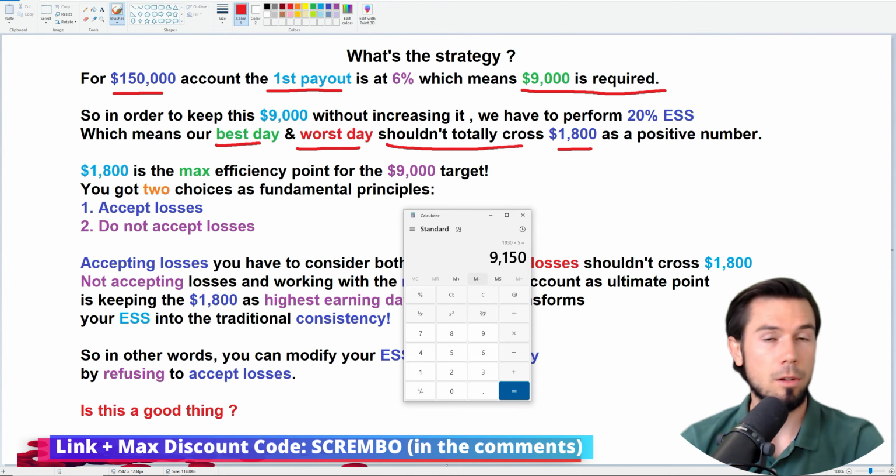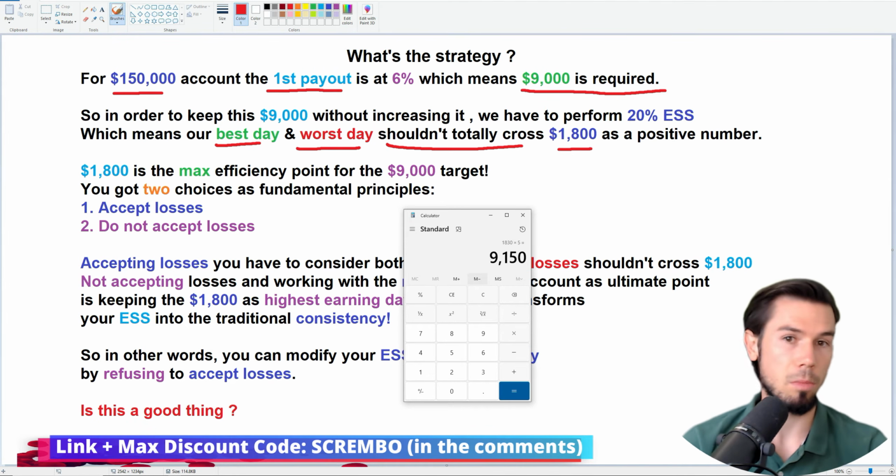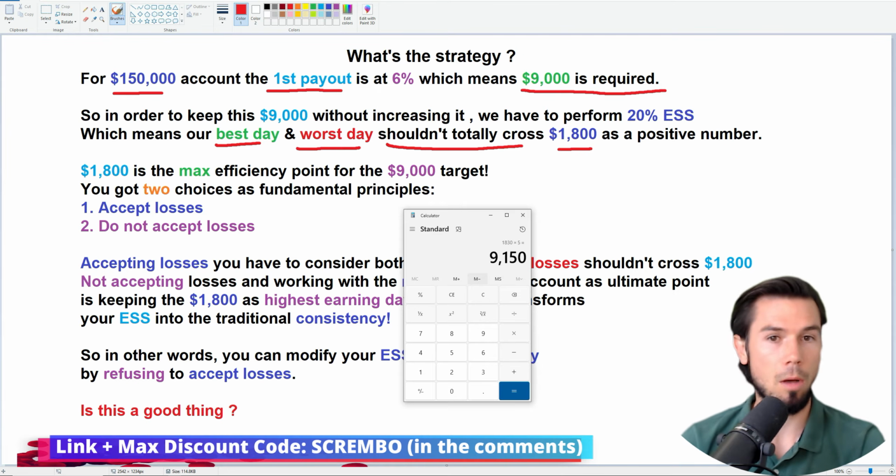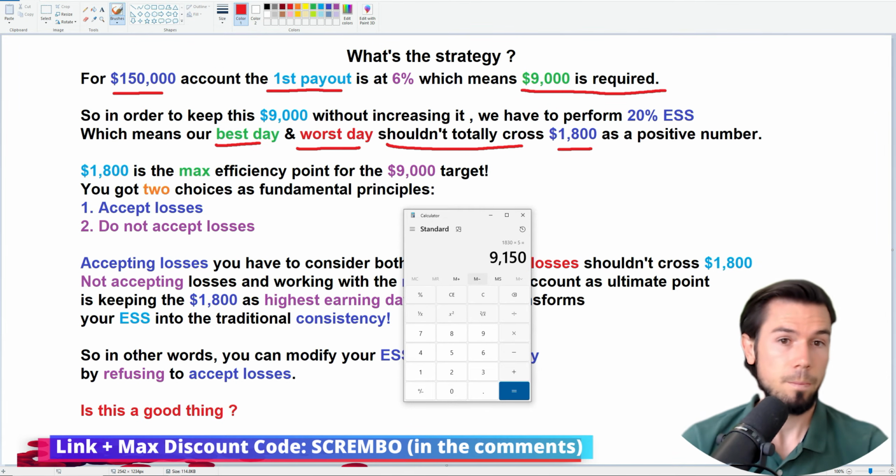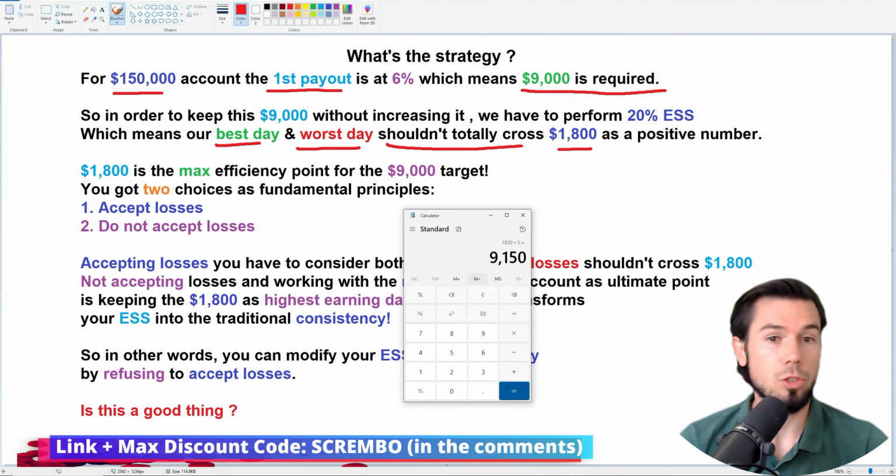Whatever is above 1,800, you can do times 5, and that's the additional value you have to make above 9,000, if that makes sense, and it should make sense. So there is no reason, basically, because for that extra $10 or $100 you're making, you're crossing the line, 5 times more is needed, basically. That's how the mathematical way functions.